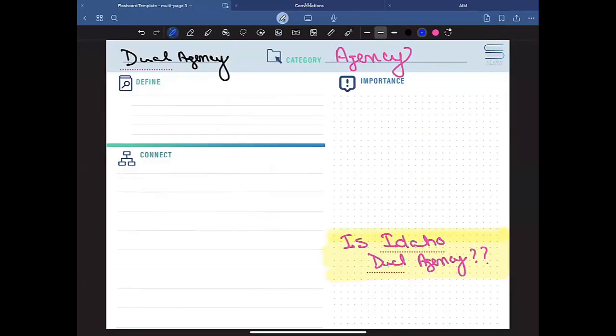All right. Do you want to Google is Idaho dual agency? Yes, I'll do that. Limited dual agency. Okay, limited dual agency, which I think is just a fancier way of saying dual agency. This is a big one. You've got to understand dual agency, and it's hard to put it in just 2 or 3 words. So tell me what you know and what you understand about dual agency.